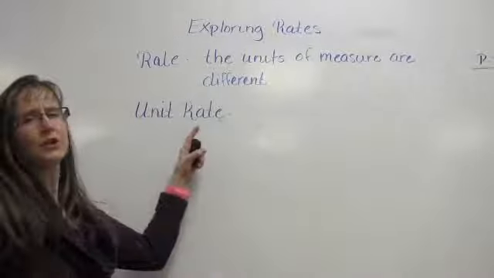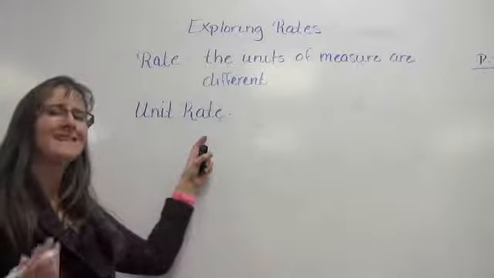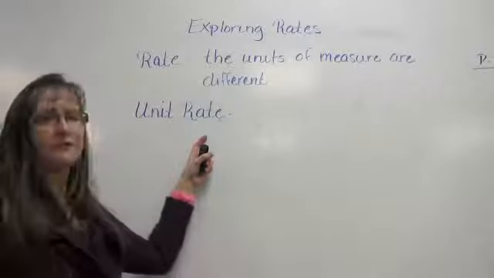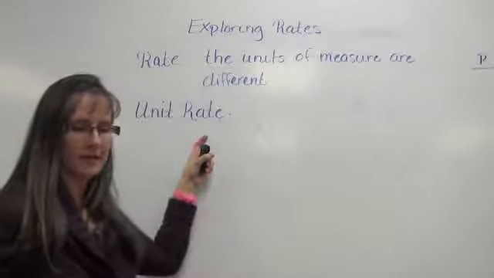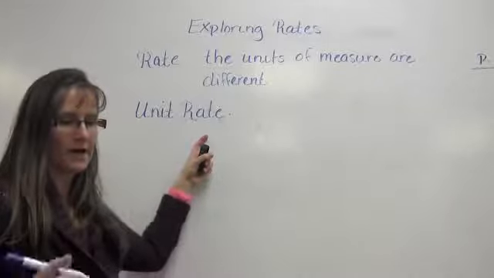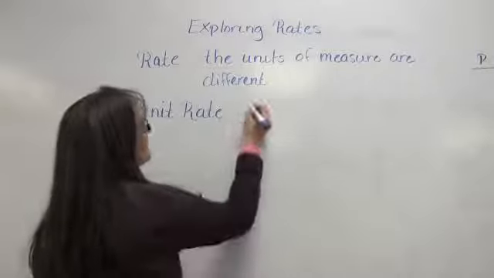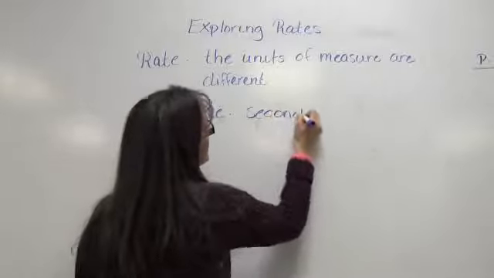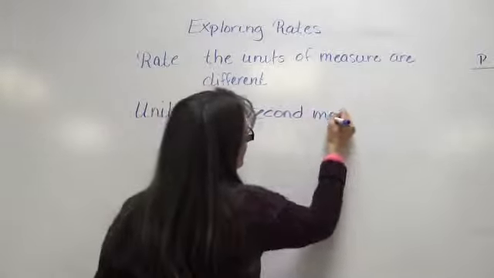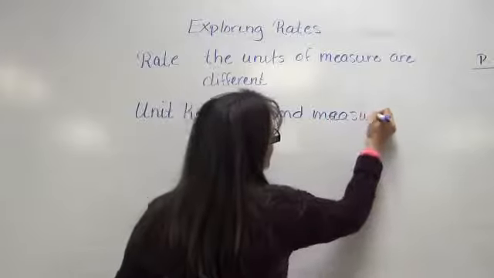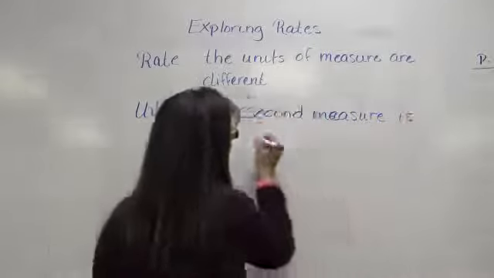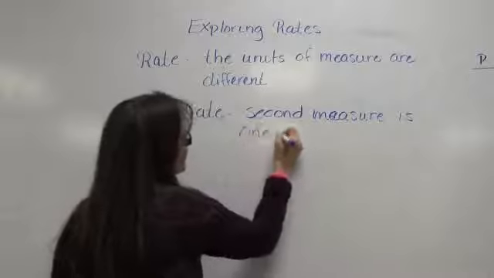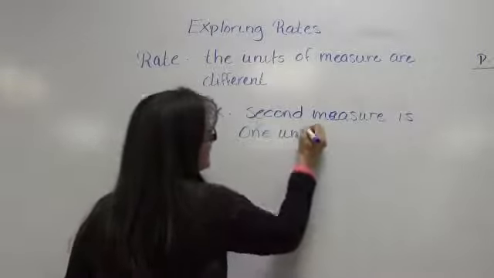I get what is called a unit rate when my second unit of measure, my second measurement, is 1 unit.